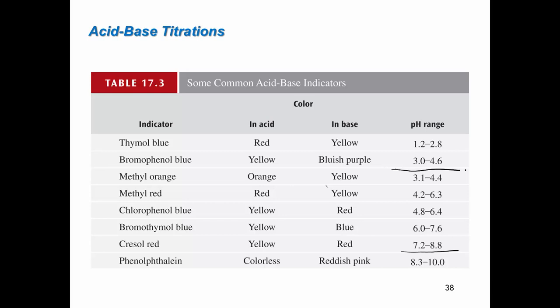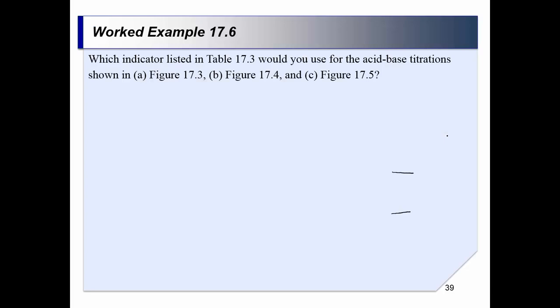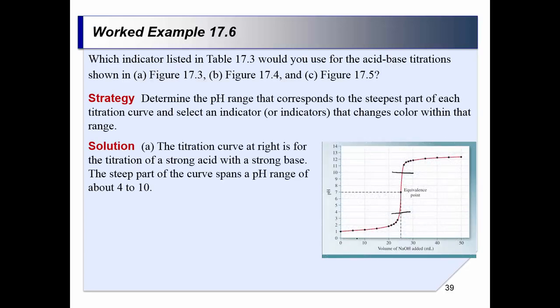And I wouldn't necessarily use bromophenol blue because the pH range I need just starts where my pH range starts for my period of dynamic pH on my table. And I also wouldn't use phenolphthalein for this application. So to get back here, here is my period of great pH change. So I need something that's going to change in here.